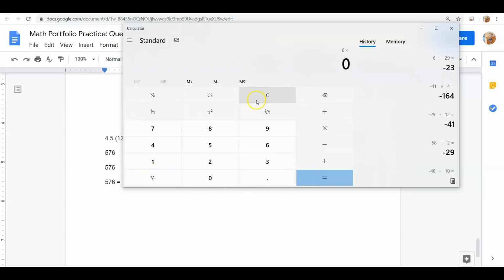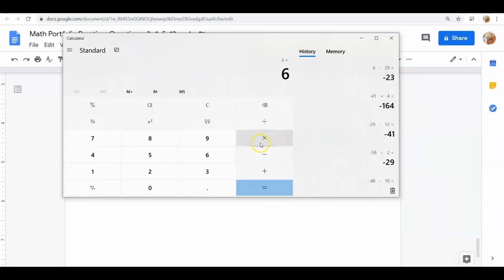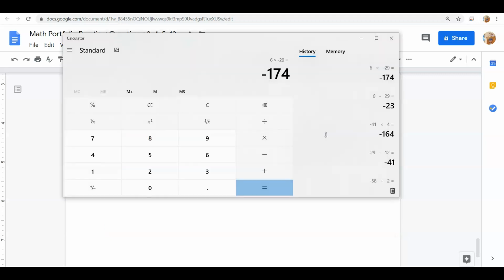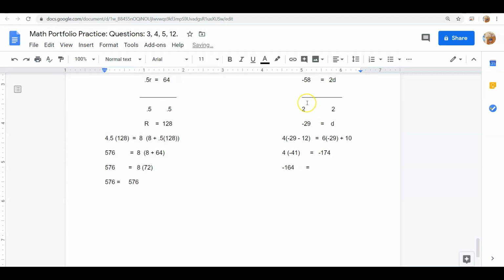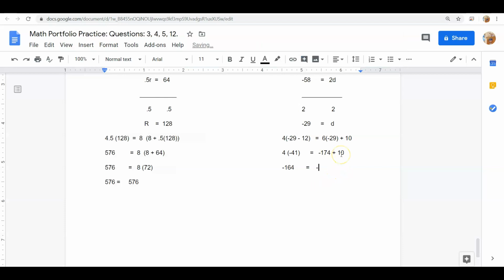So again, you take your 6 times, and then make sure this 29 is negative. And that equals negative 174. But you forgot the plus 10, so don't forget to drop that down. So if it equals negative 174 plus 10, we take our negative 174, we add 10 to it, and that equals negative 164.